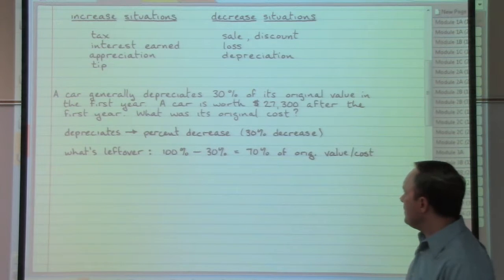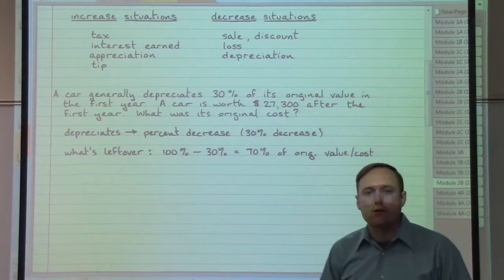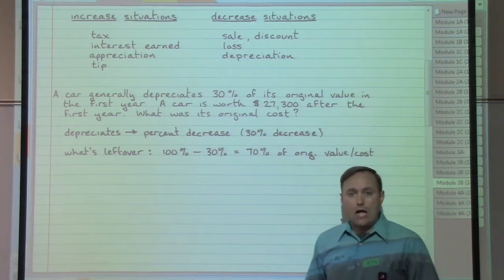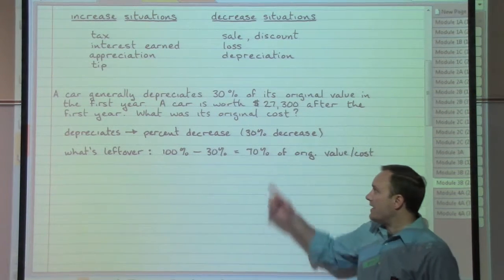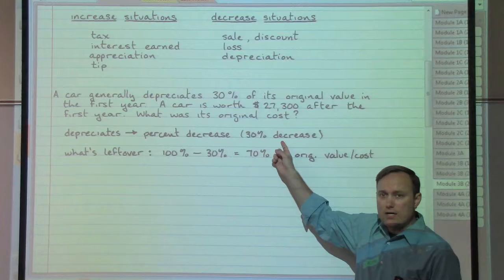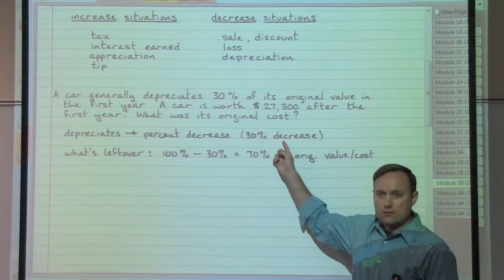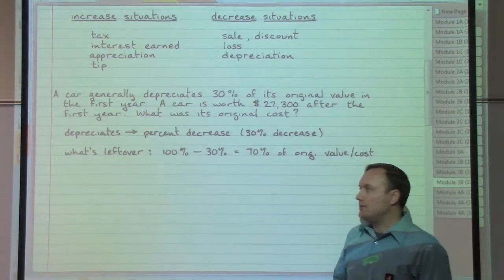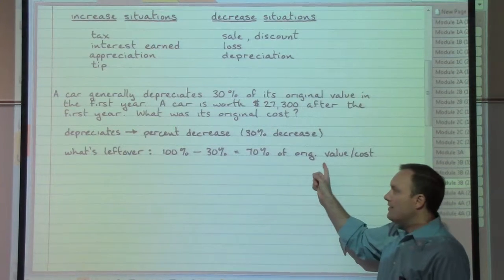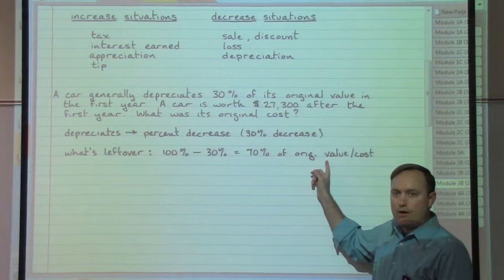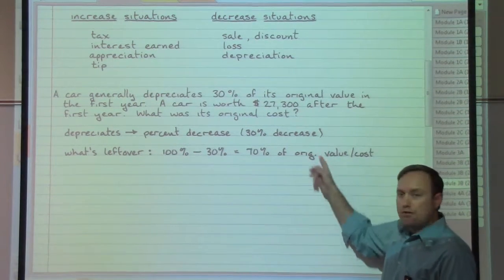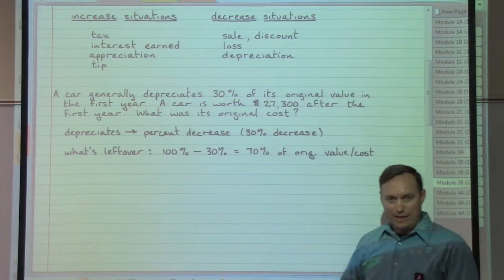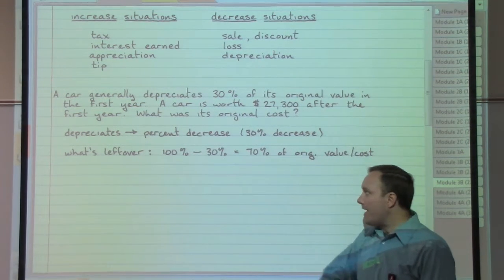A car is worth $27,300 after the first year. They've given us a dollar amount. Is that connected to the amount of money that we have decreased? Or is that connected to the amount of money that's left over, the amount of the value that remains?